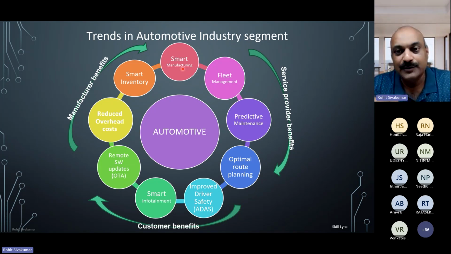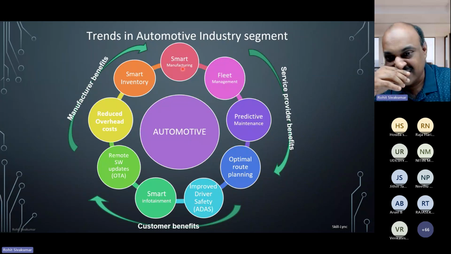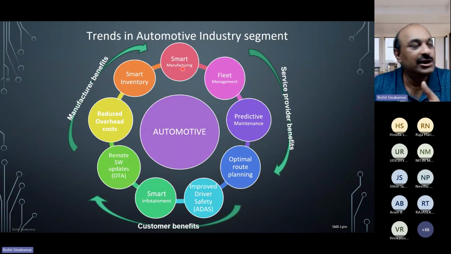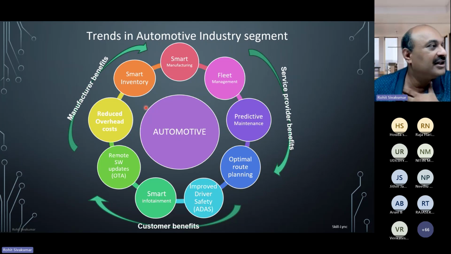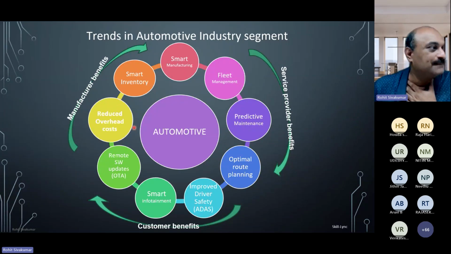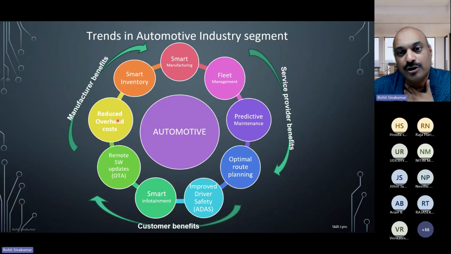At the same time, they cannot hold on customers with 6 months and 9 months of delivery time, which you would have already seen during the post-COVID times. So to do some quick deliveries, to manage the inventory, these are areas where the manufacturer wants to enable efficiency using IoT technologies. And that helps him to reduce the overall overhead cost, and it helps him to stay competitive.